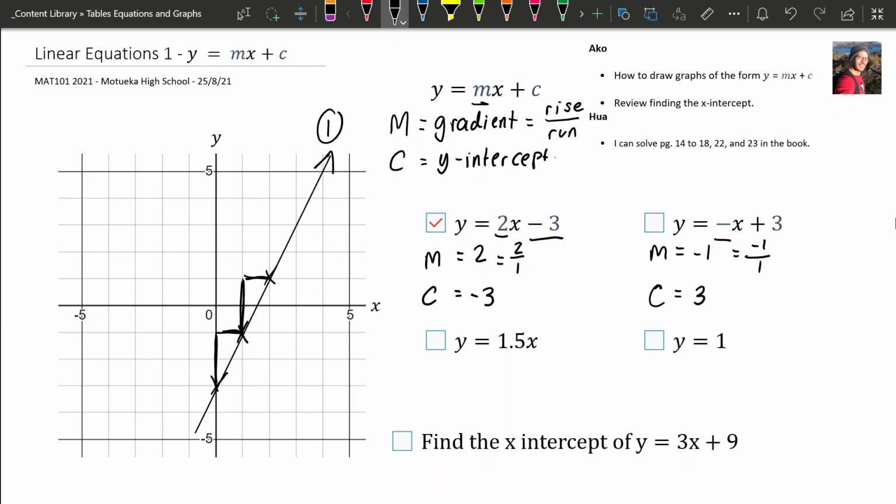So c is the y-intercept, so it crosses at 3. I'll use a red pen this time. And now m means it rises by minus 1 and it runs by 1. So if it rises by minus 1, it doesn't go up, it goes down.